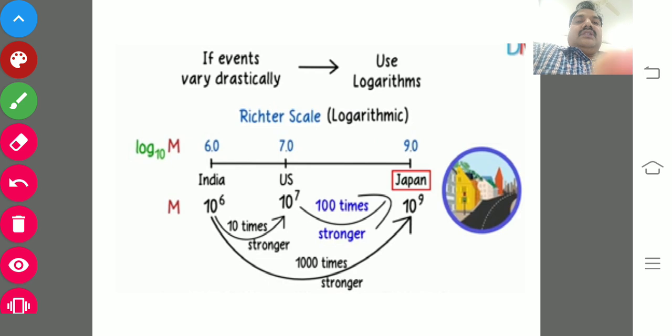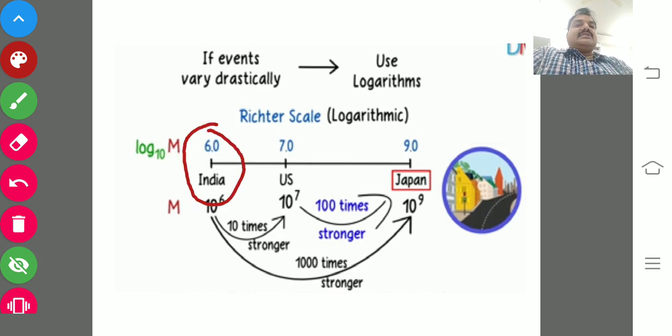You all know that the Richter scale is an instrument used to find the earthquake's intensity. If events vary drastically, meaning hugely, we can use the logarithm. Using the Richter scale, I have taken 3 countries.